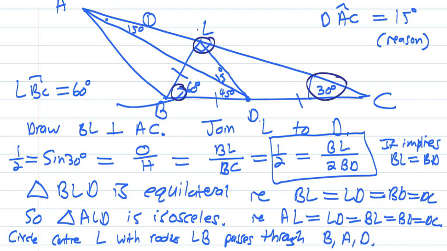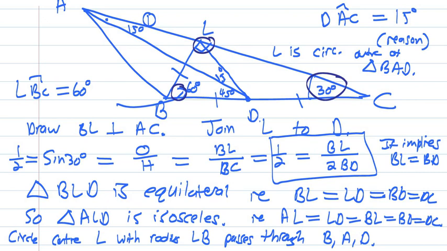Because the distance from L to A is the same, the distance from L to B is the same as the distance from L to D is the same. So another way of saying this is L is the circumcenter of triangle BAD. So L is the circumcenter of triangle BAD. Can I get smiley faces that you guys agree with this?